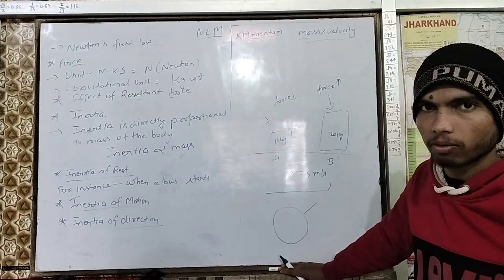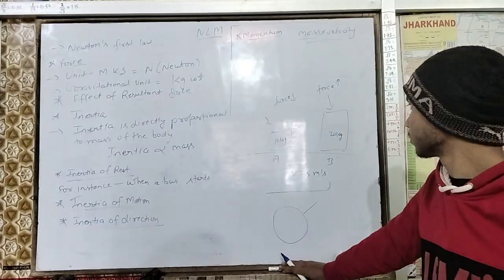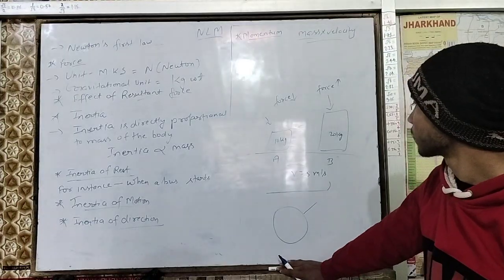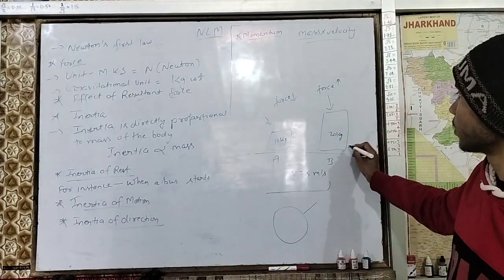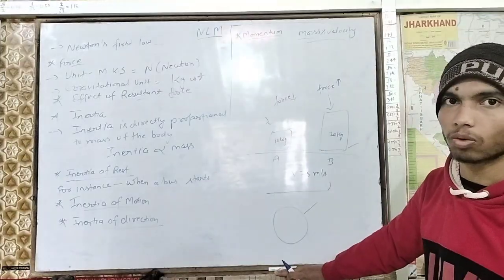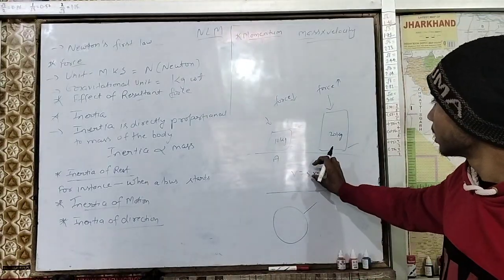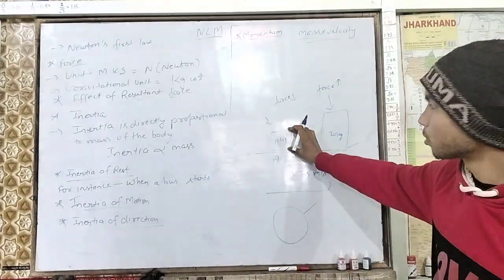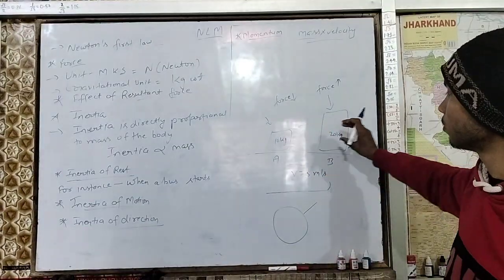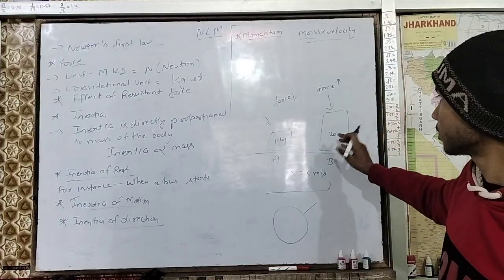What will happen when velocity is 5 meters per second for both objects? Here, this object will move slowly as compared to the A object. The reason is that the mass of this object is less as compared to B. That's why this will move faster than the B object.